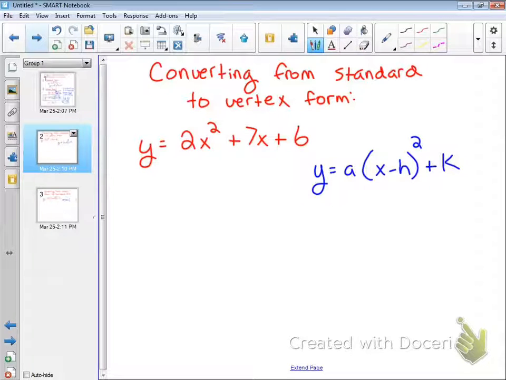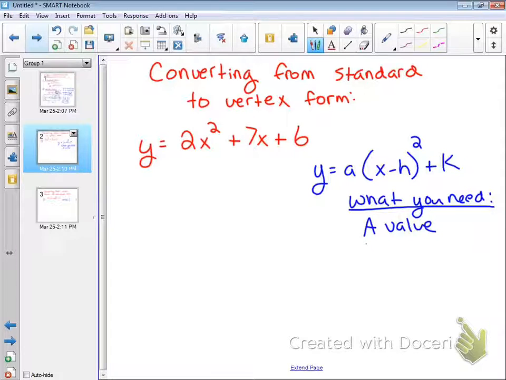In order to convert, here's what you need. You need the a value, and you need the vertex, which is the h and the k.